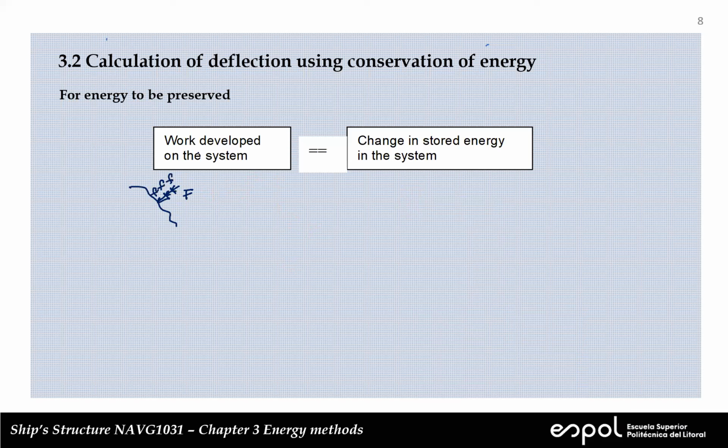We apply a little F and it deforms a little bit. Then you increase another F, and you displace a little bit more. Then increase another F, and it displaces a little bit more. So you go like this. So you apply a little F, deform like this. Then you have two Fs, and you displace a little bit more.